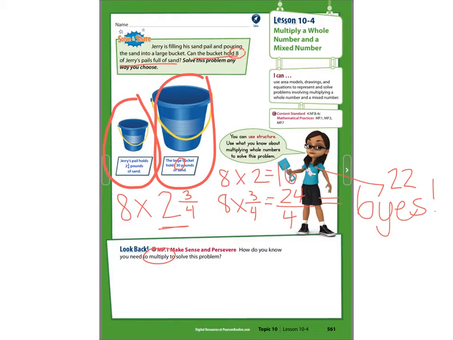So back up to the problem, it reads, Jerry is filling his sand pail and pouring the sand into a large bucket. Can the bucket hold 8 of Jerry's pails full of sand? So we talked about earlier how the 8 is our whole number, and the 8 is representing a bucket full. And if we're going to pour a bucket 8 times that has the amount of sand that the pail can hold, which was 2 3/4, we know that we have 8 equal groups of 2 3/4 because we poured the pail 8 times. So how do you know you need to multiply to solve this problem?